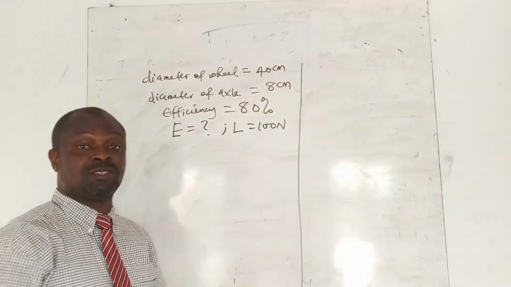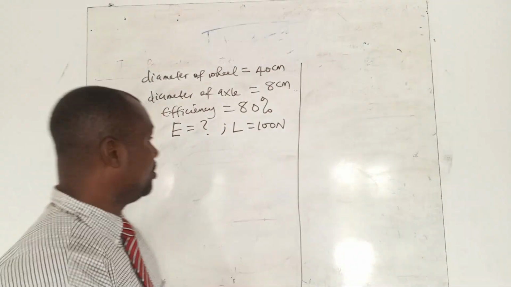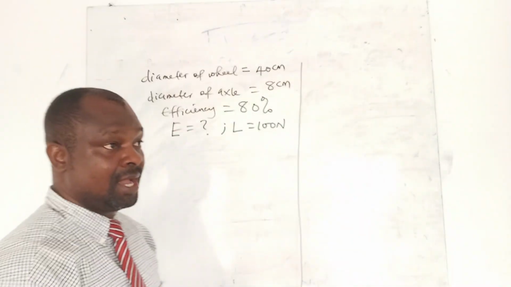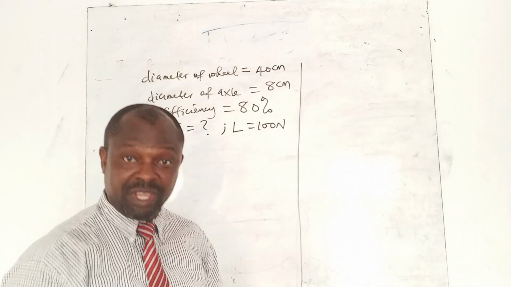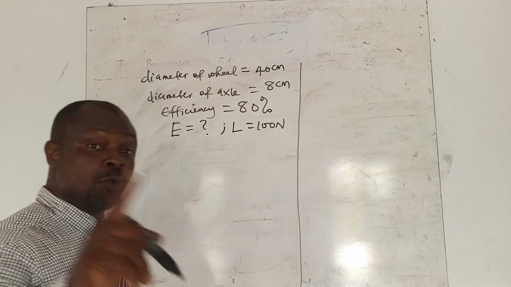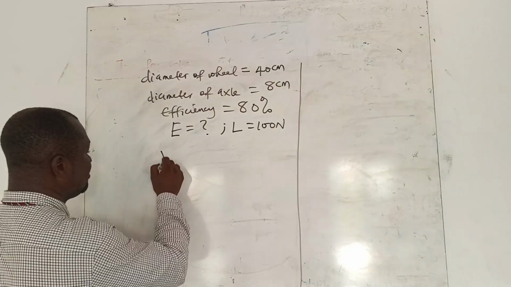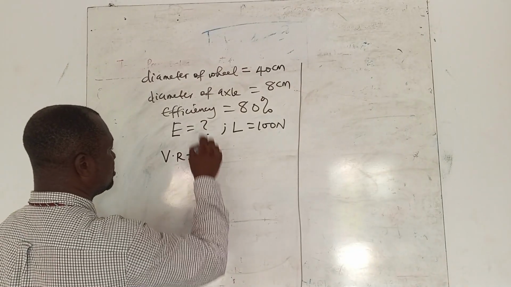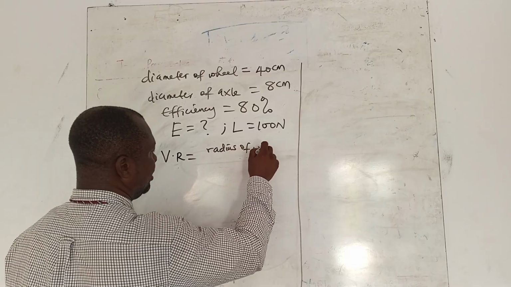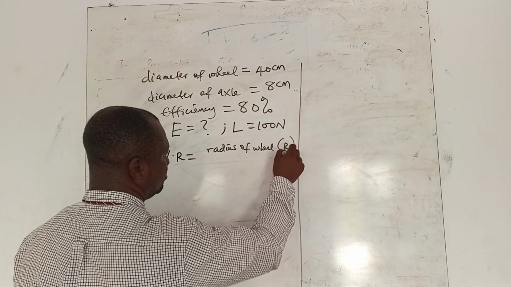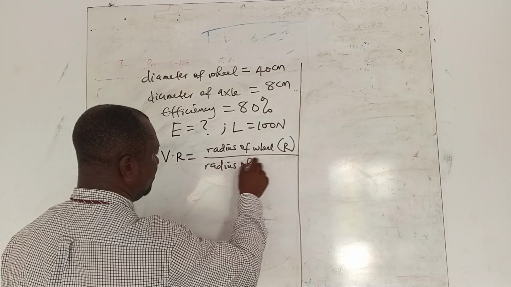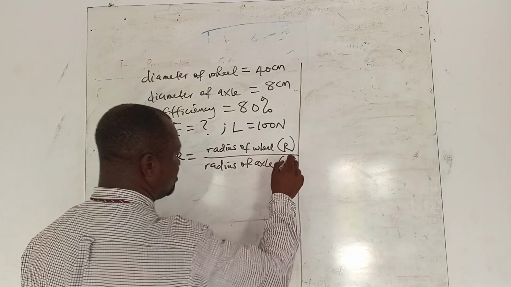If you want to solve a question like this, there are some things you look at. One, you are given the diameter of the wheel, you are given the diameter of the axle. So this is a question under wheel and axle in simple machines. Now for a wheel and axle, the velocity ratio is equal to the radius of wheel, which we write as big R, divided by the radius of axle, which is small r.